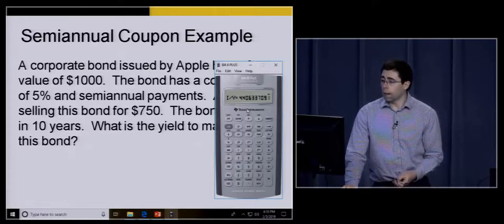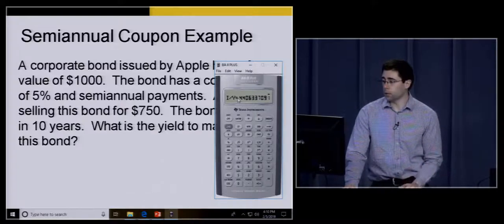Now, remember, our I divided by y has the same periodicity as the payment. We have a semi-annual payment, and this means that our I divided by y is actually a semi-annual yield. The last step in this problem is to multiply the semi-annual yield by 2 to get this equal to an annual yield.